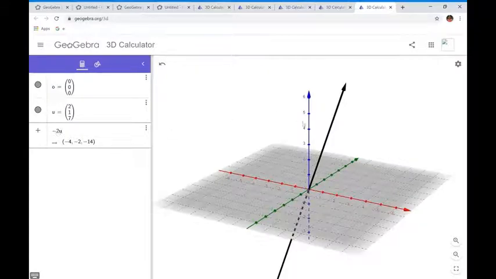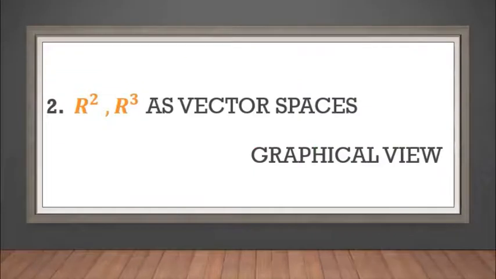So you can see here u is this one, and then minus 2 times is along the same vector but in its opposite direction, but it is again a vector in the same space given here. So scalar multiplication is also closed. Now let us come to the second concept in the lesson, that is viewing R2, R3 as vector spaces graphically.